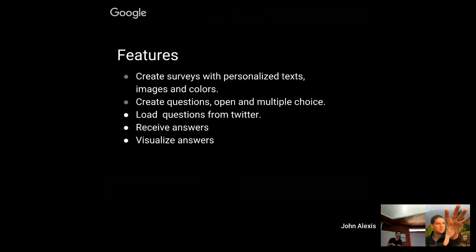The features that we want to present with this project are creating surveys with personalized text, images, and colors, creating open content and multiple choice questions, uploading questions from Twitter, receiving answers, and visualizing the answers in a cool way.